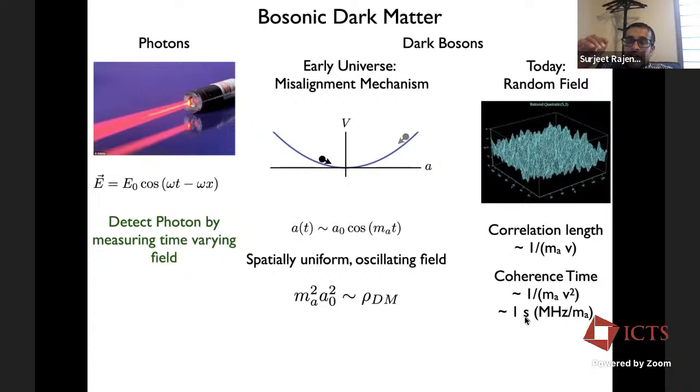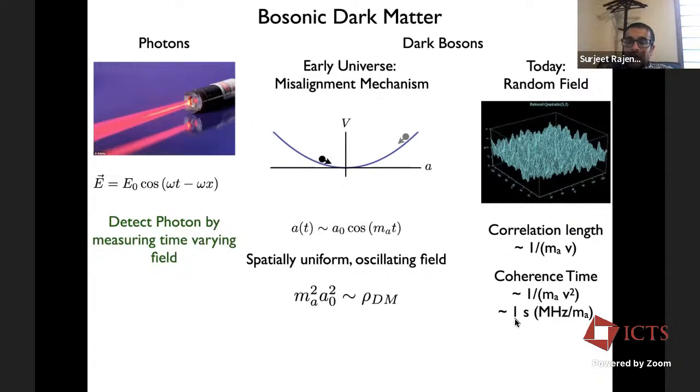And experimentally, this is very interesting, because I can build instruments in my laboratory that are able to respond to classical fields that oscillate up and down at a frequency of about a megahertz. We know how to build those things. Plus 1 second is a fairly long time for me to sit out there and acquire the signal.